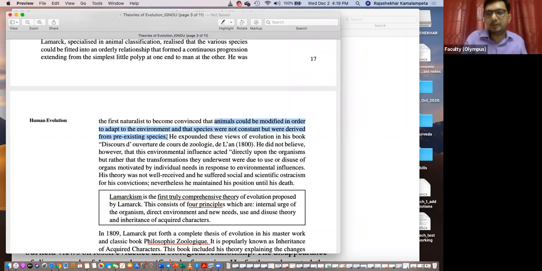So it becomes clear that they are not fixed, as many people suggested. They are changing, to adapt to the environment. The key idea that Charles Darwin put forward was also strongly put forward by Lamarck, but he could not explain it in the right manner. That is where he went wrong.